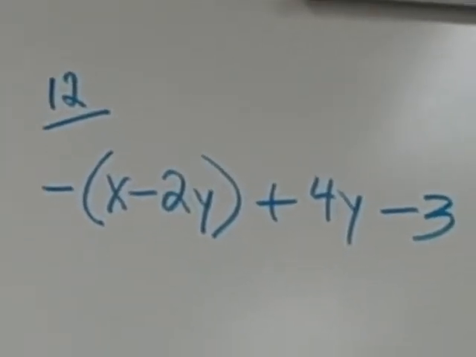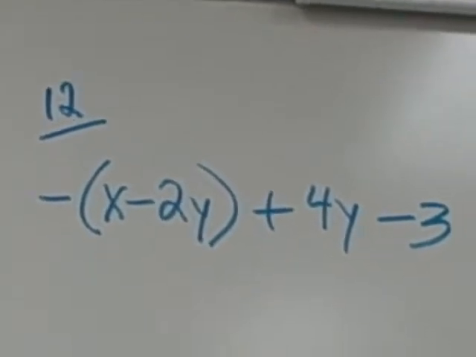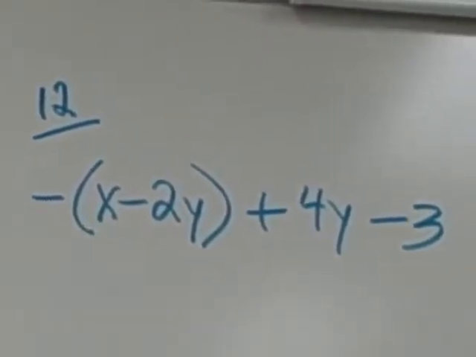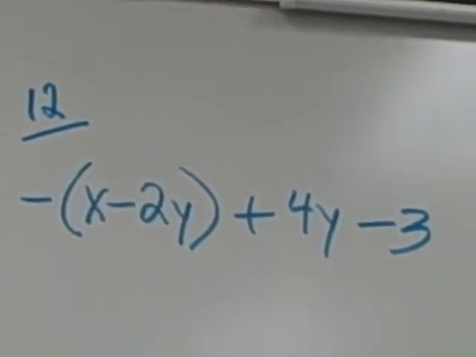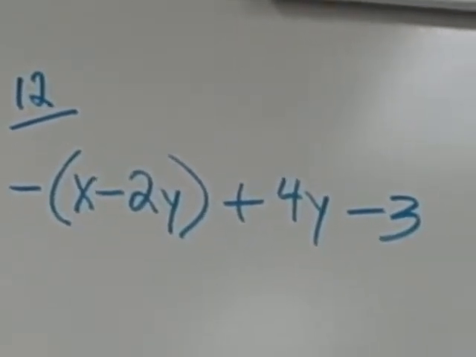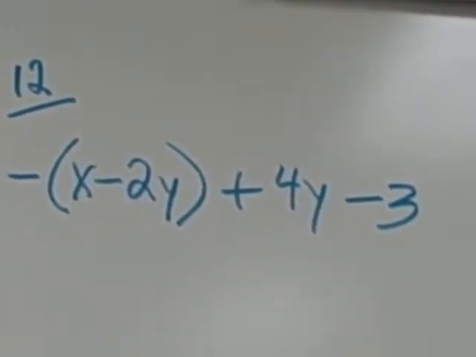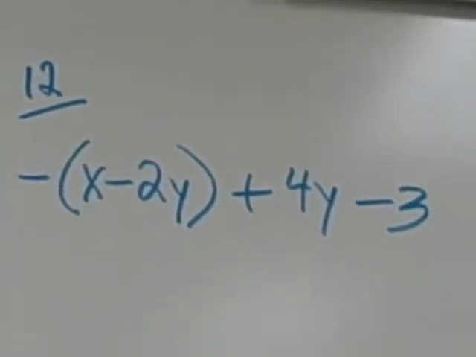Now, you should know that when you have a minus sign in front of a parentheses, every sign of every term changes. It's the same as distributing negative 1. A lot of you know that.